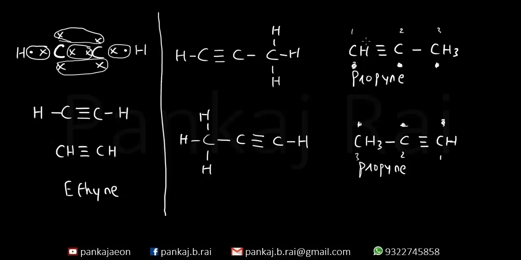The triple bond is beginning from the first carbon, so it will be named as prop-1-yne. And look at this one. The triple bond is beginning from the first carbon, so it will also be named as prop-1-yne. So they are both the same compound, just mirror images of each other from left to right and right to left. Let us move ahead when we will be discussing butyne.